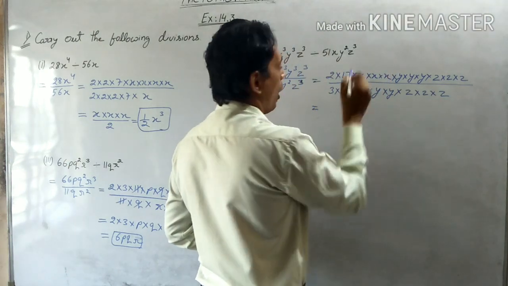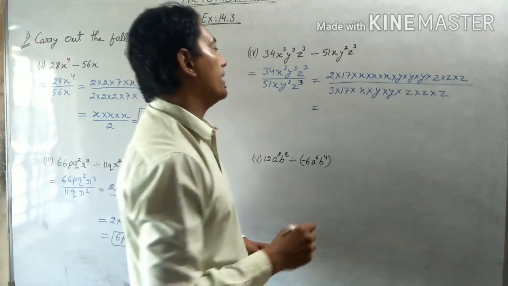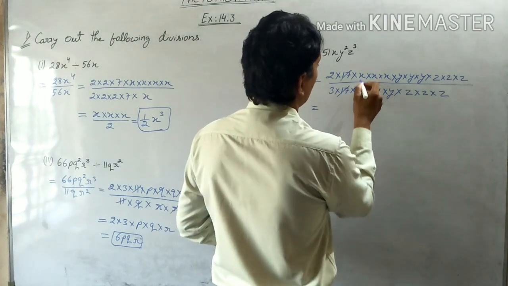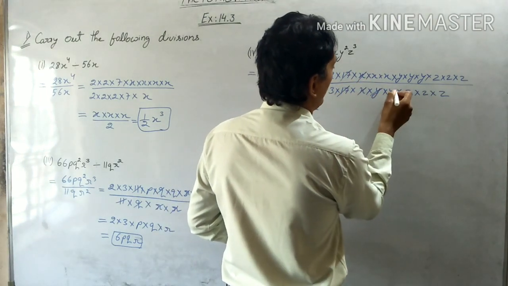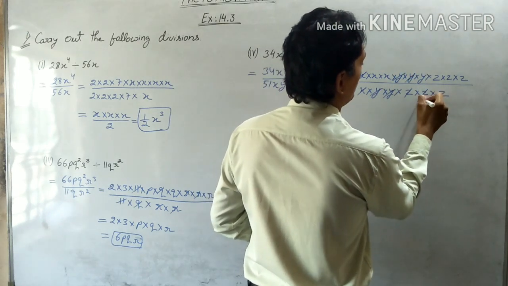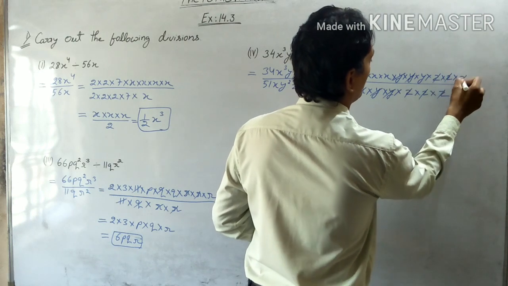Now again, cancelling the common factors in the numerator and the denominator, what do we get? 17 gets cancelled, x gets cancelled, y into y on both sides gets cancelled, z into z into z gets cancelled.